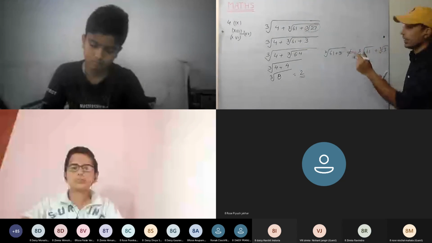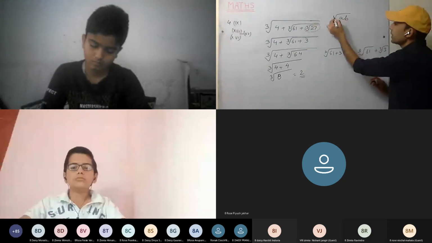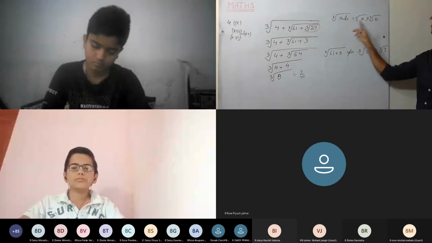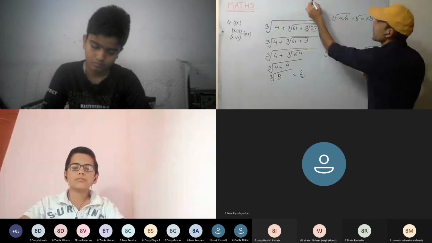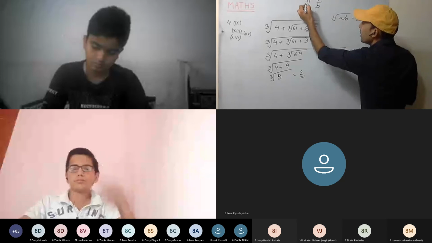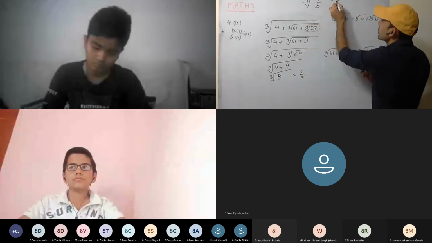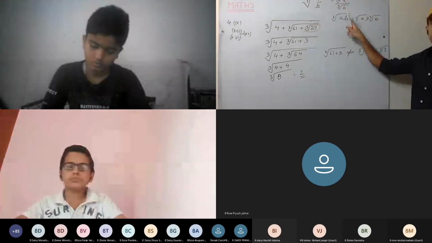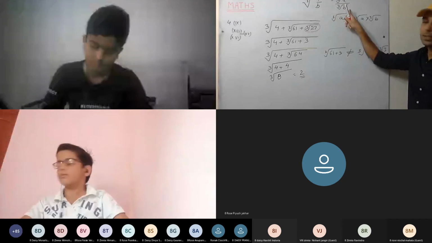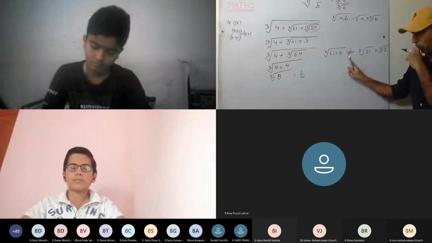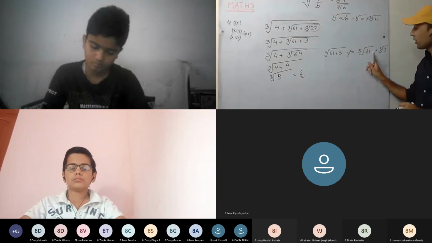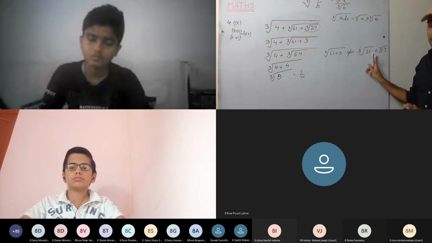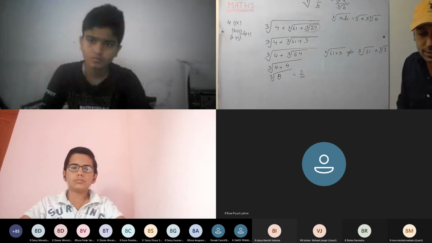If it is multiplication, then we can write the cube root of AB equal to the cube root of A into the cube root of B. In multiplication or division, we can write that, the cube root of A by B, where B is not equal to 0, equals the cube root of A divided by the cube root of B. We can take the cube roots separately. But in addition or subtraction, we cannot separately take and add them. Always remember this one. So don't make this mistake. Is this clear?